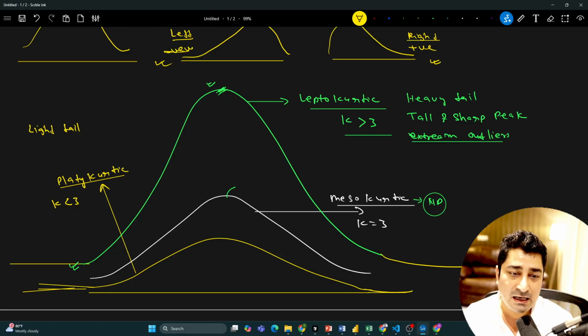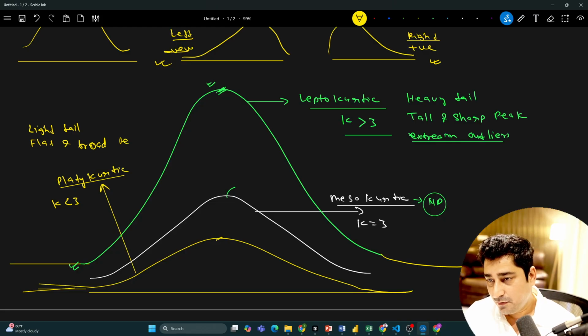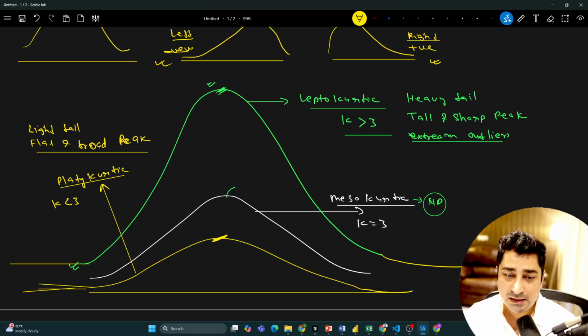So it will have a light tail and a flat and broad peak shape. More spread out area you will find on the peak. And this is called platykurtic. Calculation wise, whenever you do the math, the k value should be lesser than 3.